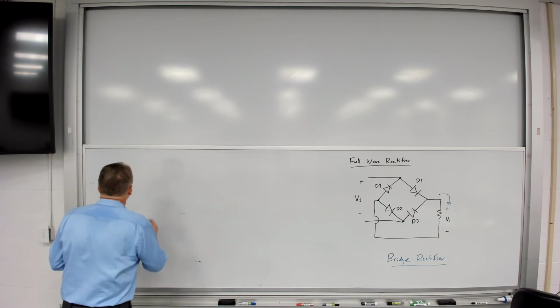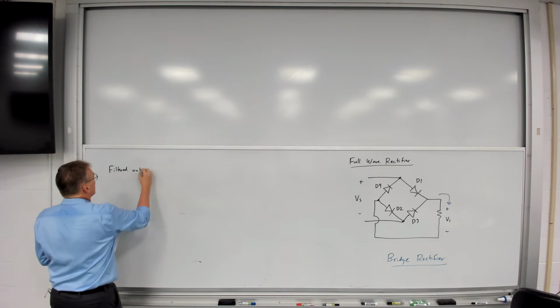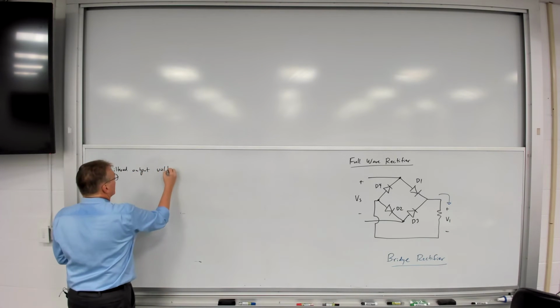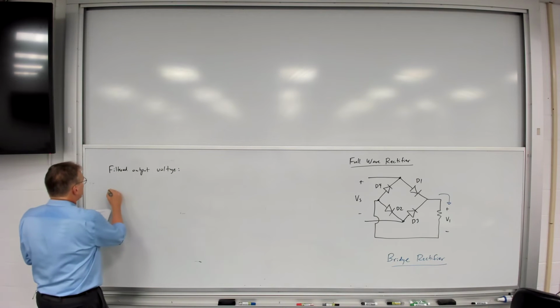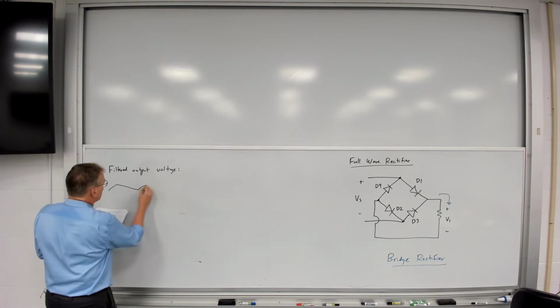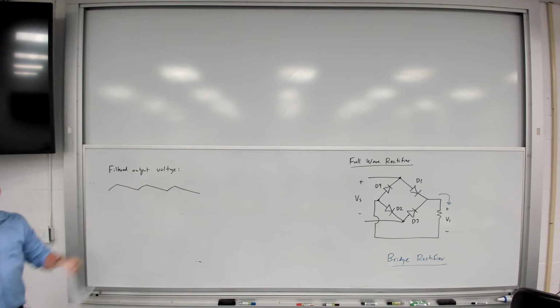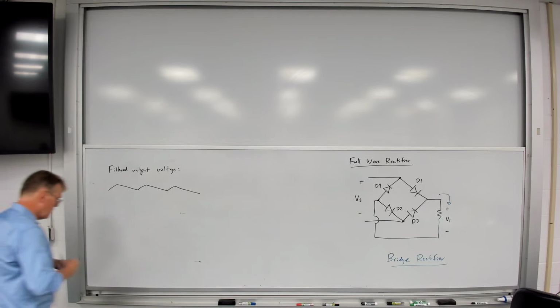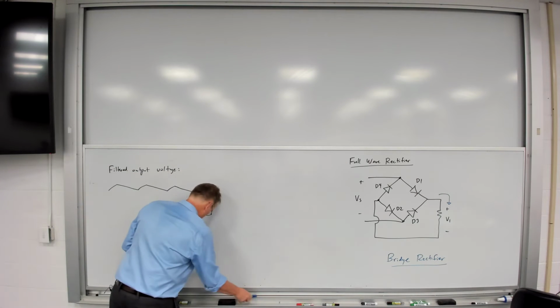Now we're going to see an output voltage that looks like this. The filtered output voltage is going to look like this. So we're going to have some average DC value.